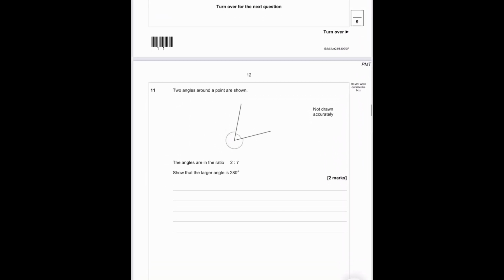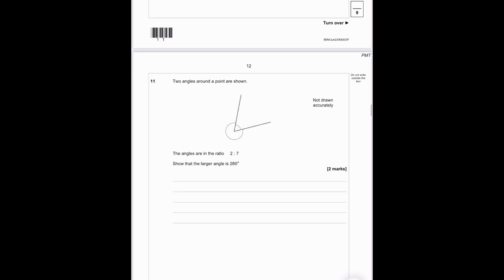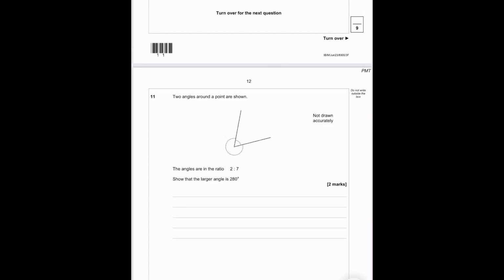2 angles around a point are shown. The angles are in the ratio 2 to 7. Show that the larger angle is 280. So if I draw my ratio box, my ratio is 2 to 7. That gives me a total ratio of 9. Show that the largest angle is 280.